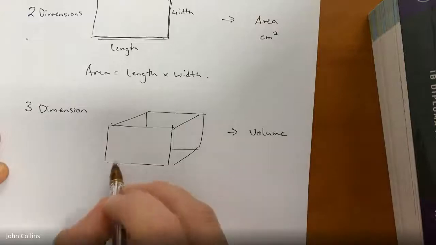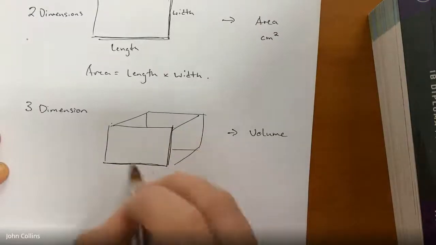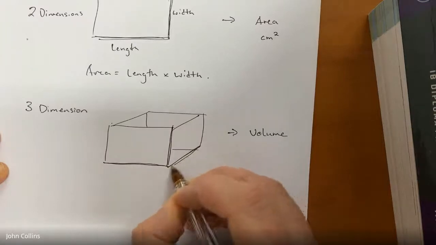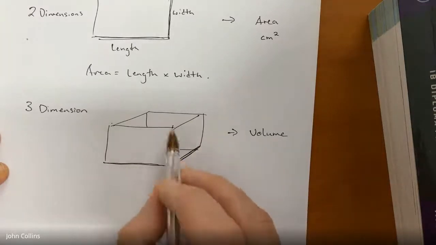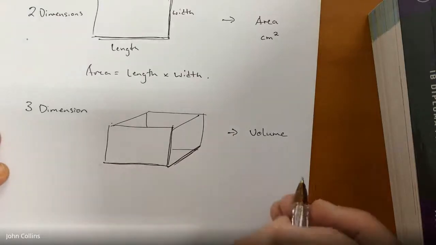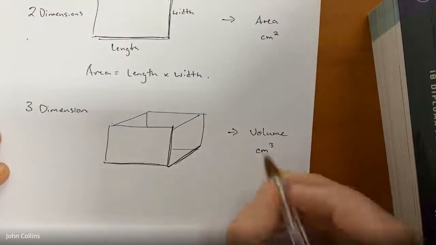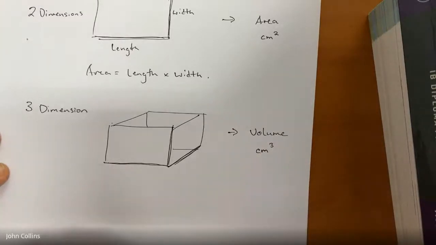We are looking at now length, width, and depth. Or we call it length, height, and depth, or length, height, width. We're dealing with three dimensions. And that is measured in cubed units. If it was centimeters, it would be centimeters cubed.